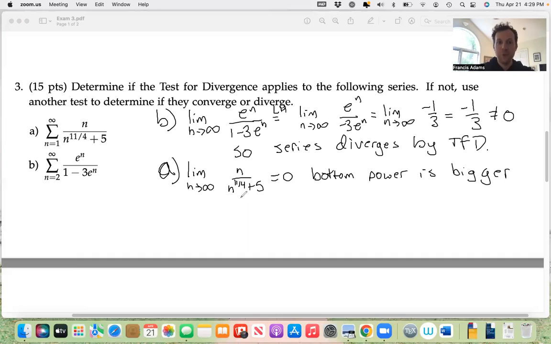The bottom is 11/4 and the top is n to the 1st power. So in this case, since the limit is 0, the test for divergence doesn't apply. So we'll have to use something else.